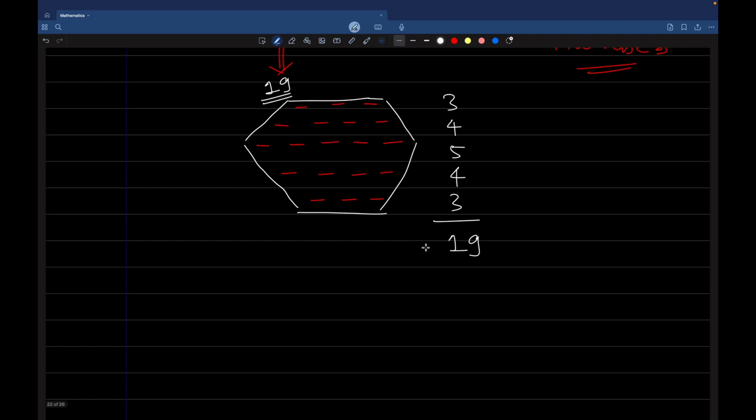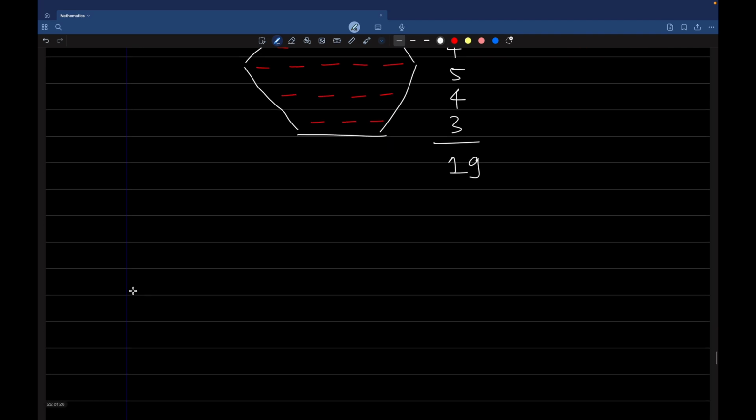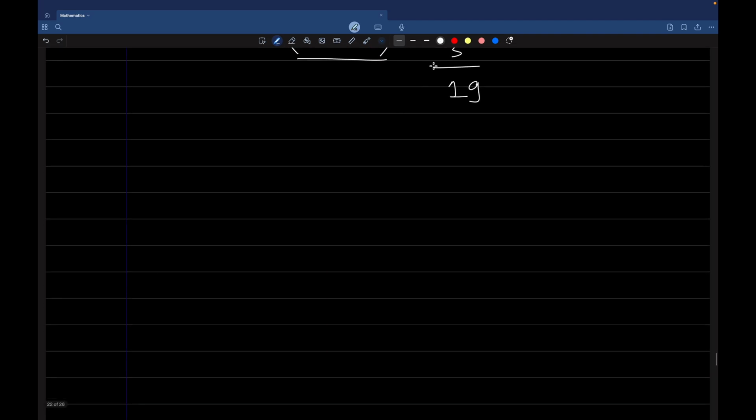Now let us solve question number 8. What question number 8 says is, what happens when you start to add up hexagonal numbers?